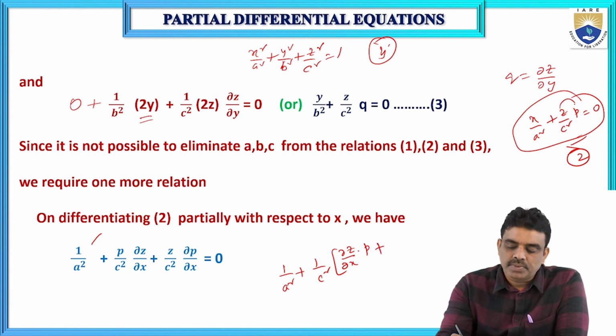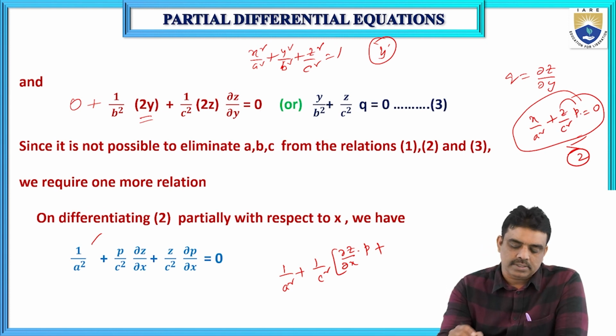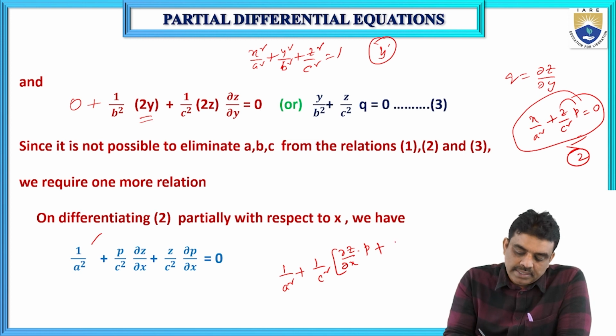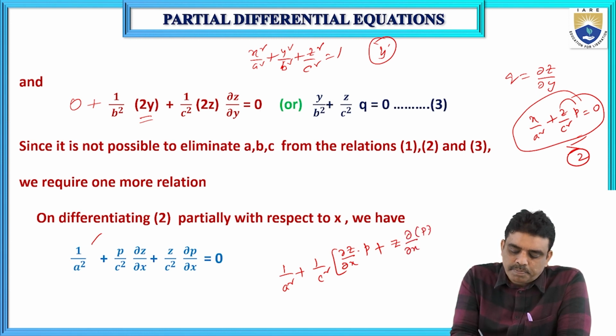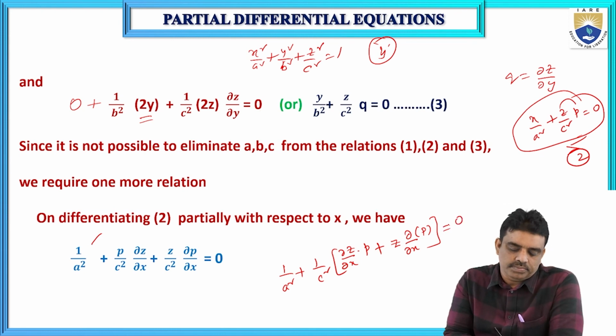It is UV form, because both are having x terms. z is a function of x, y. p is already dou z by dou x, so p write as it is. Then z treat as constant term. On differentiating p, you will get dou by dou x of p, dou p by dou x is equal to 0.